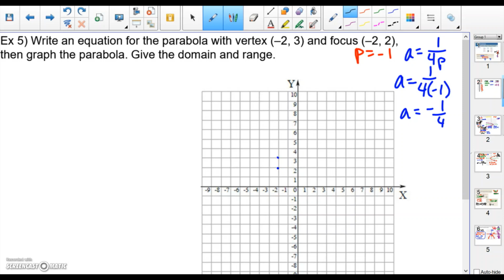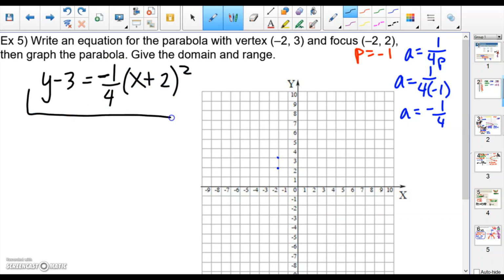Since it looks like this, we know it's going to be y equals x squared form. So let's do our y numbers. Y minus 3 equals, our a number was -1/4, we just found that, times that quantity x plus 2 squared.